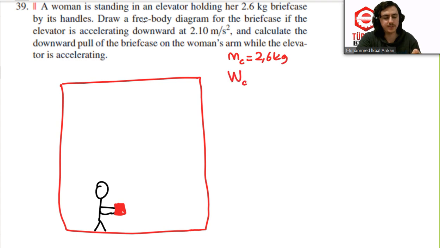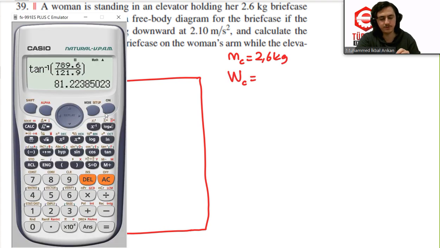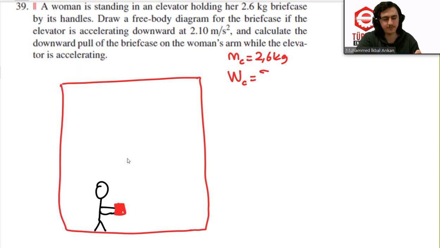So the weight of the case, which is the force of the case pushing down, will be 9.8 times this one. So it will be just 25.5 newtons.